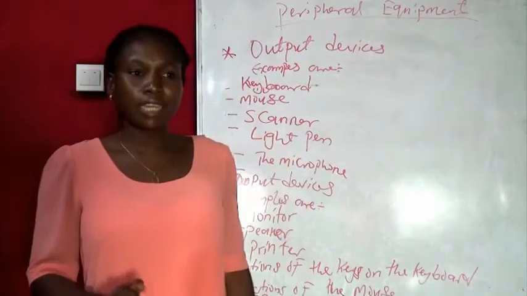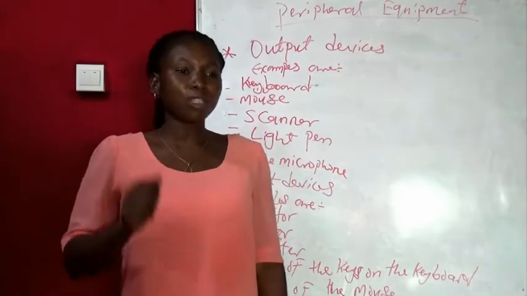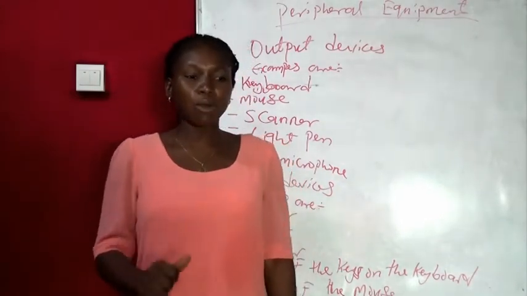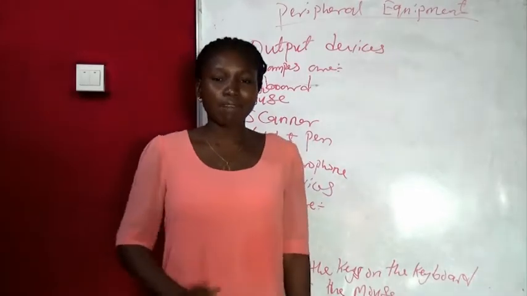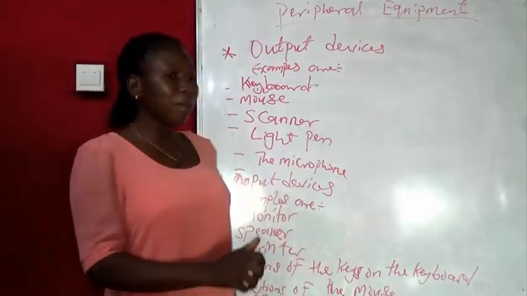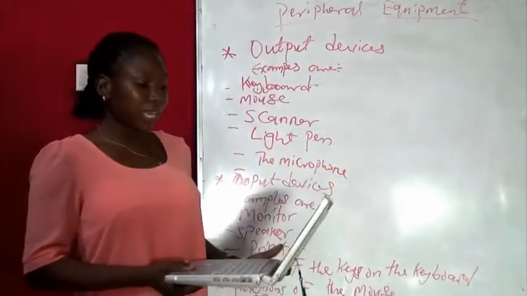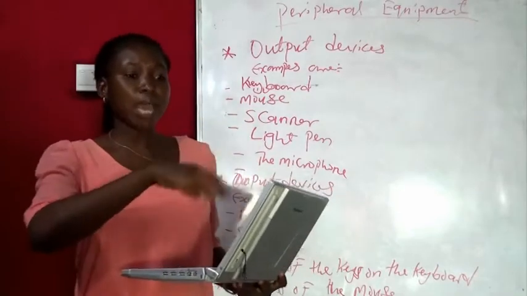The right click is mostly used to point or to open a file. Then the double click. Whenever you want to open a file, you double click on it and it opens the file for you. Then the scroll wheel. Maybe you want to scroll down, like you are working and you want to see what you typed earlier.